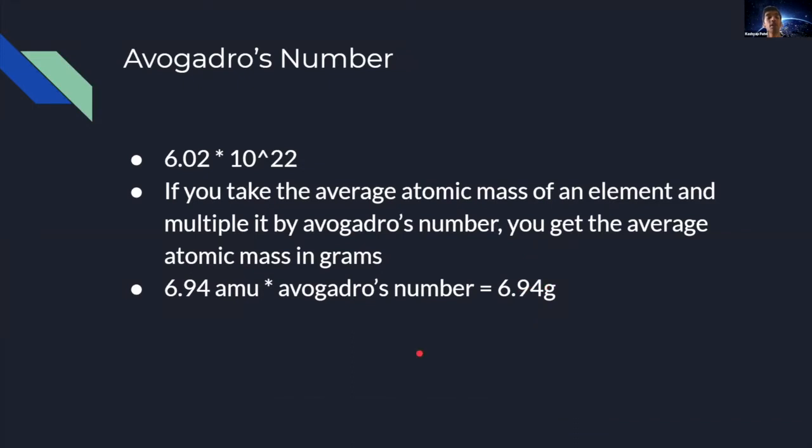So if you take lithium's average atomic mass, which is 6.94, and multiply it by this big number right here, you would get 6.94 grams of lithium.